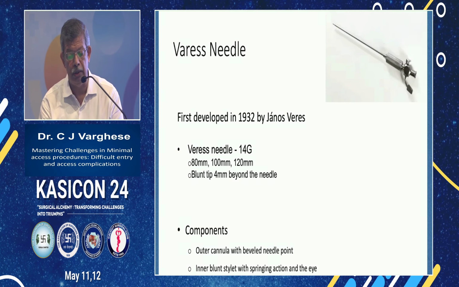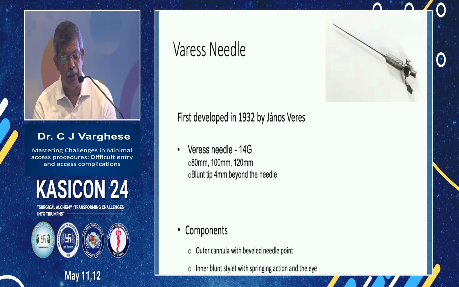It has an outer sheath and an inner cannula with a spring action. As soon as it enters the abdomen, the sharp inner part gets retracted, making it safer for the viscera inside and avoiding injuries to vital structures.